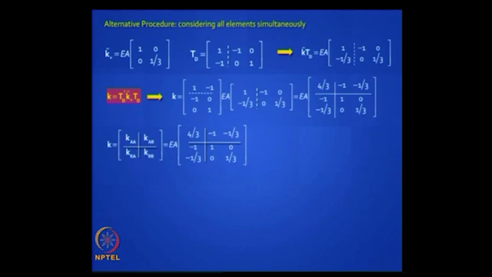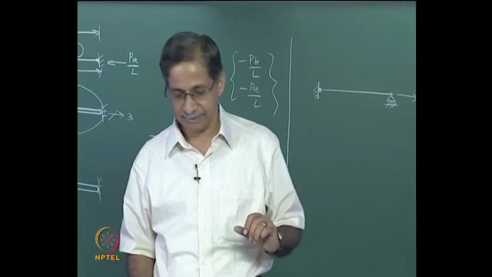Is it clear? Two ways of doing it. Do it element by element, add up their contributions in the structure stiffness matrix, or do it in one shot. It is worth doing it in one shot if your sizes are small. If sizes are large, you have say 20 elements, then it is not that easy. It is better to do it element by element, also your storage becomes much easier.